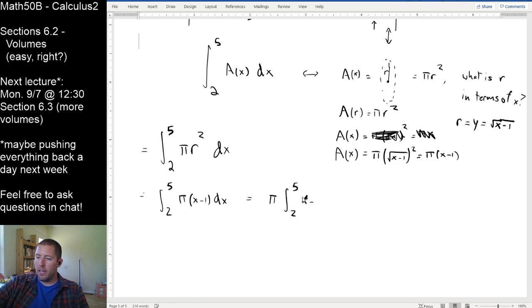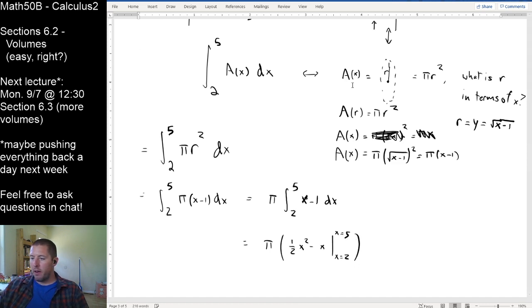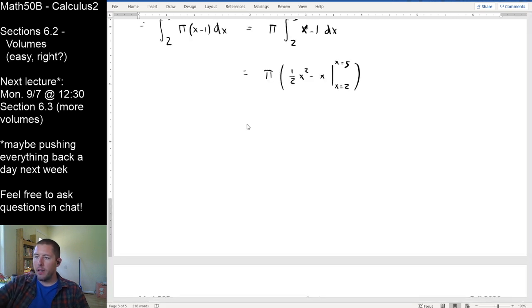And holy cow, could I give you an easier integral to do? So let's just bust this guy the rest of the way out. I don't think I have anything else to say about this. I'm just doing a little simple evaluating here.